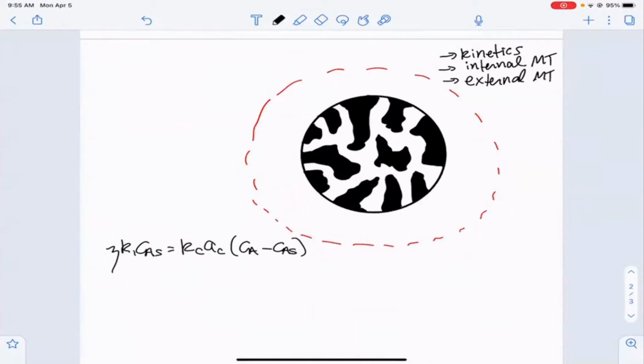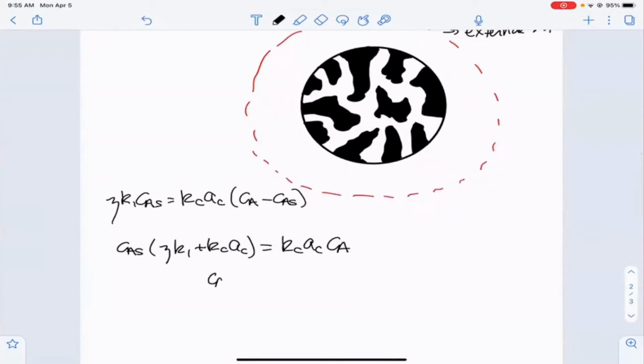And if we look at this, we should be able to group the terms that have CAS. So this is CA at the surface times the effectiveness factor times K1 plus Kc times Ac, and that just equals Kc Ac times the bulk concentration of A.